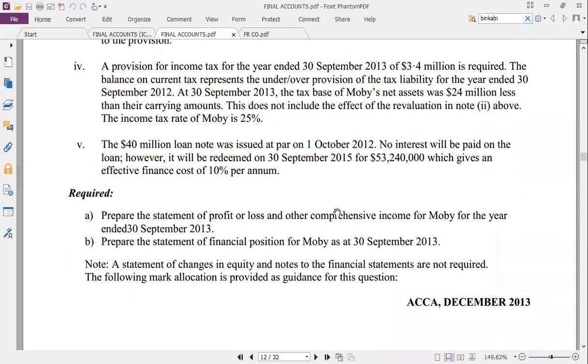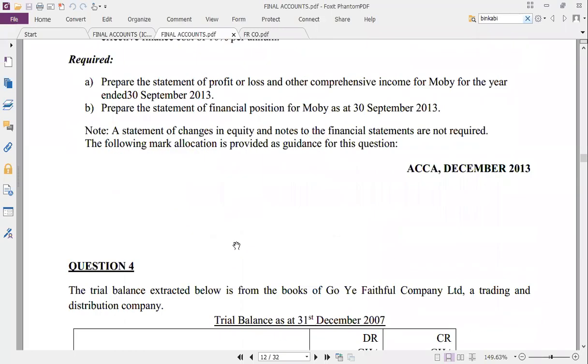Normally, when you see other comprehensive income attached to profit, that means there's a revaluation in the question. For the year ended 30th September 2013, prepare a statement of financial position. A statement of changes in equity and the notes to the financial statements are not required. Okay. That is all.